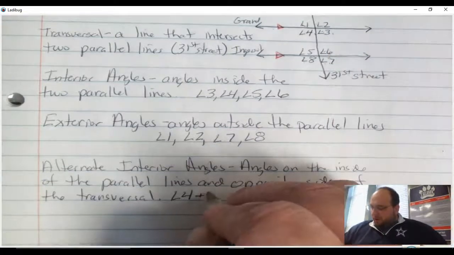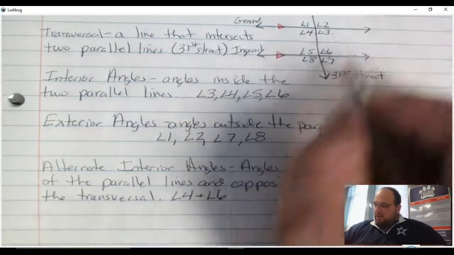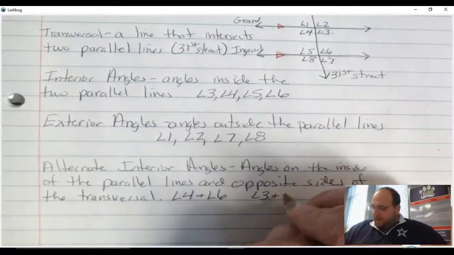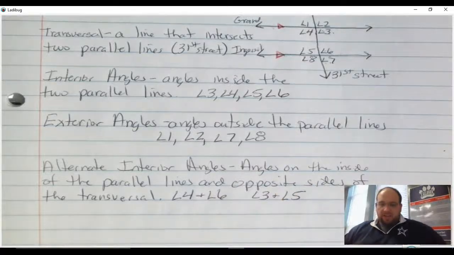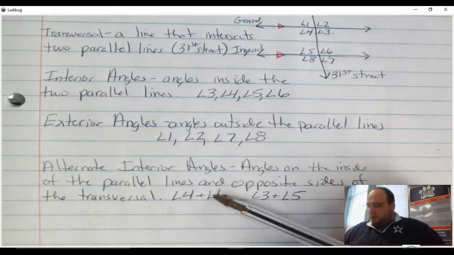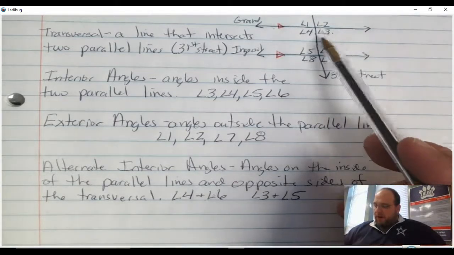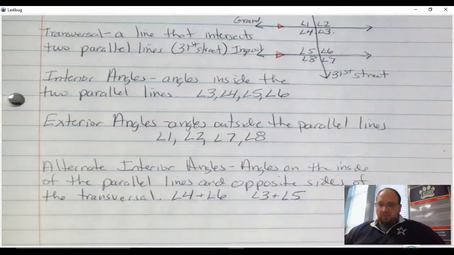So angle 4 and angle 6 are alternate interior angles. The same can be said about angle 3 and angle 5. So 4 is paired with 6, 3 is paired with 5. We'll get into it later, but we'll talk about how these are congruent. 3 and 5 are congruent, 4 and 6 are congruent.